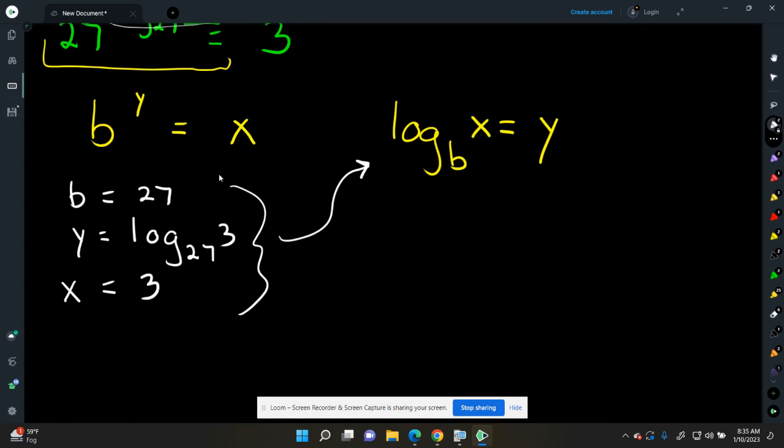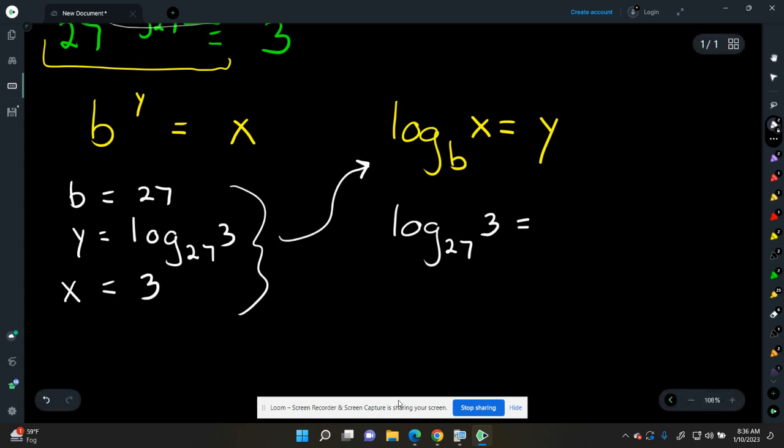So that would be log base 27 of 3, x is 3, equals y. What does y equal? Log base 27 of 3. Is this true? Sure it is. I've got the exact same thing on the left and the right.